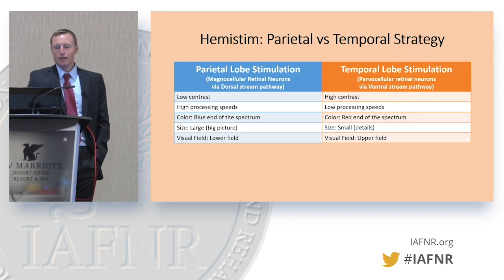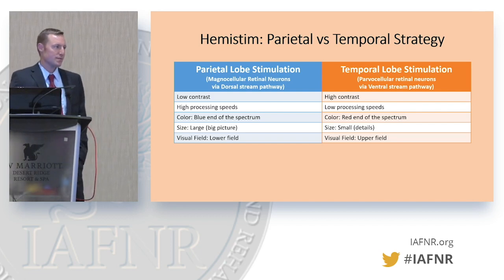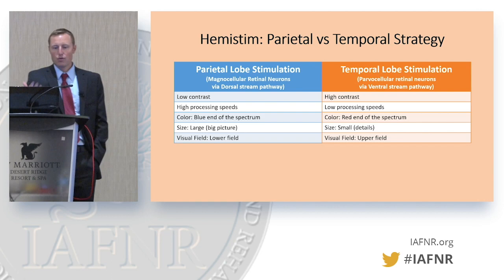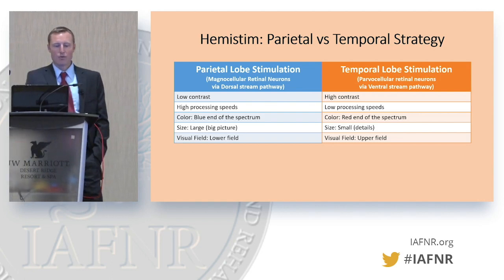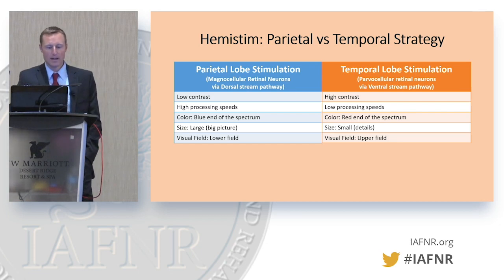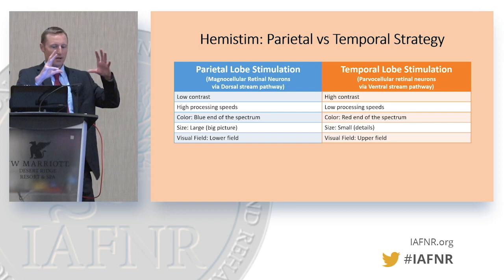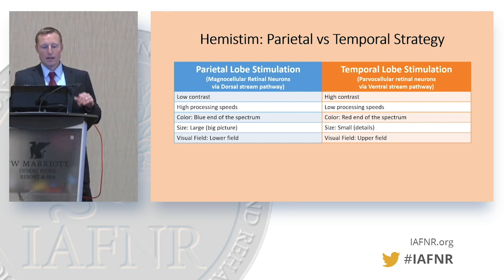Basically, the parietal lobe and the temporal lobe have different responses to vision. The parietal lobe is activated more through low contrast, high processing speed, the blue end of the spectrum of light or color, large stimulus, and lower field of view. Temporal lobe is the exact opposite.